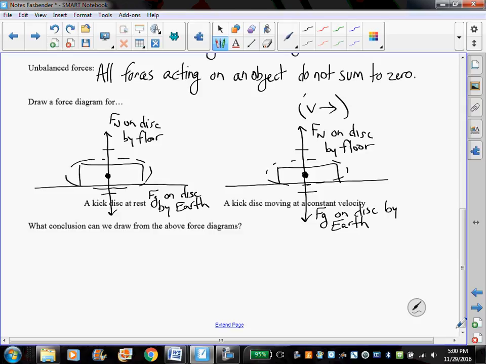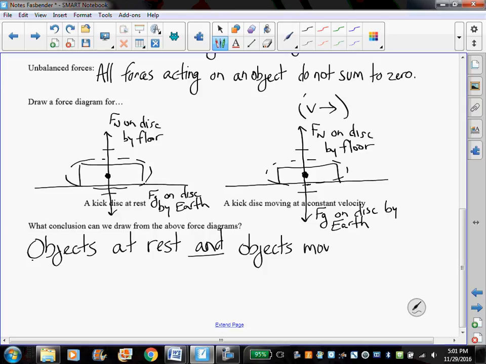So what conclusion can we draw from the above force diagrams? Objects at rest and objects moving at a constant velocity have balanced force diagrams.